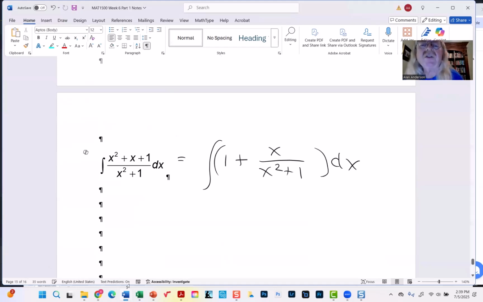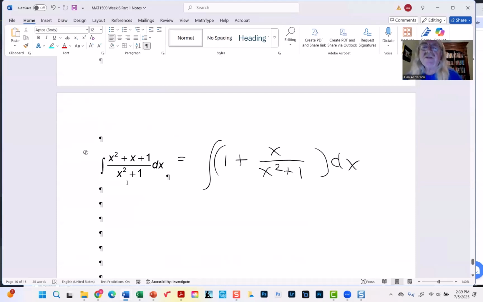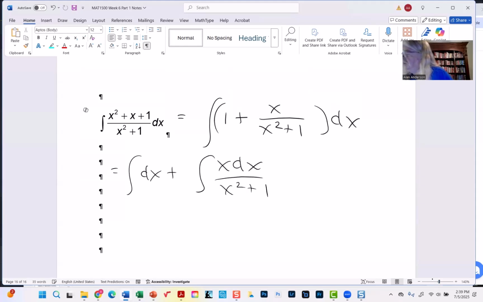Okay, so the long division made it possible to break this down into 2 simpler pieces. The first one is very simple. The second one is actually straightforward too, although we may have to make an adjustment to it. Let's take a look at this one first.